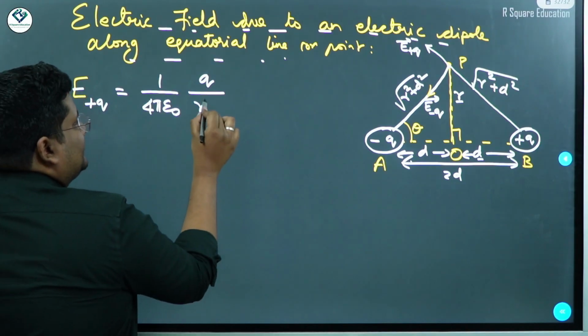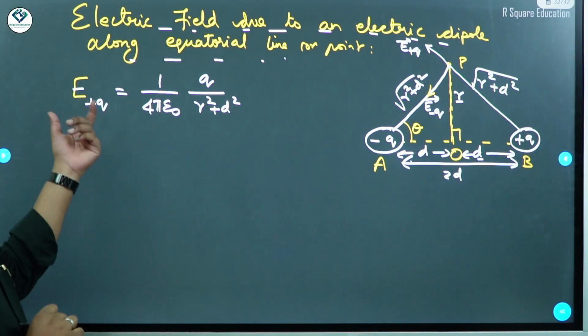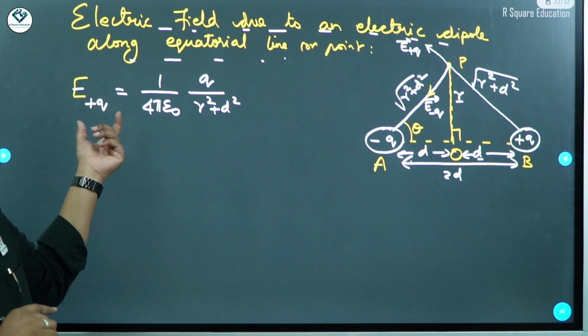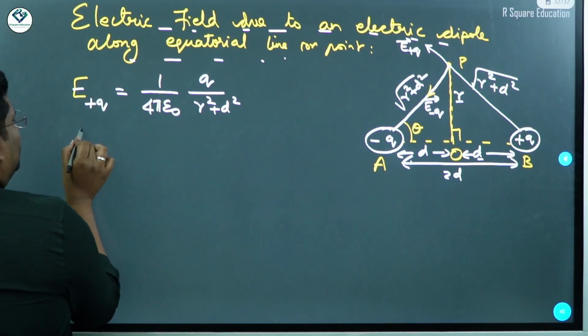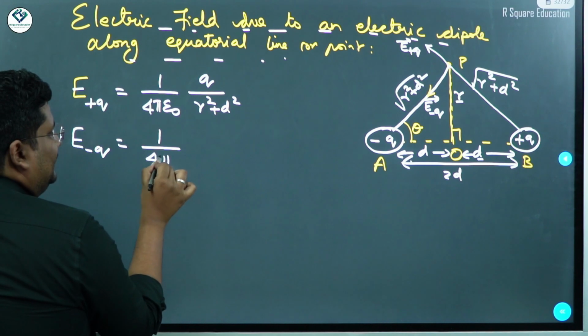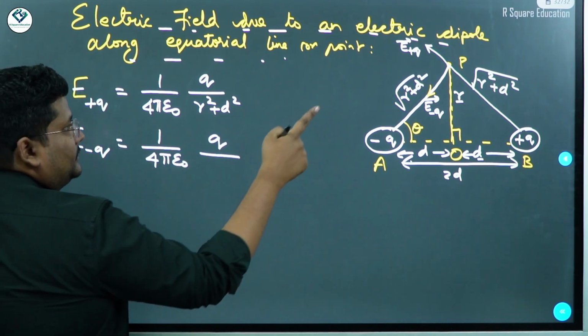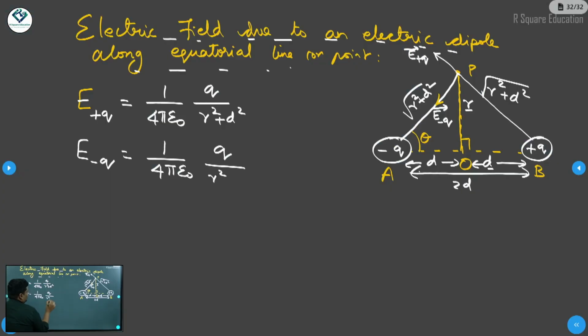So again, I can take it as r square plus d square directly. I am just taking only the magnitude here. Is that clear? So how about E minus q? 1 by 4 pi epsilon naught q over r square plus d square, just the magnitude. So both have the same magnitude of electric field, correct?